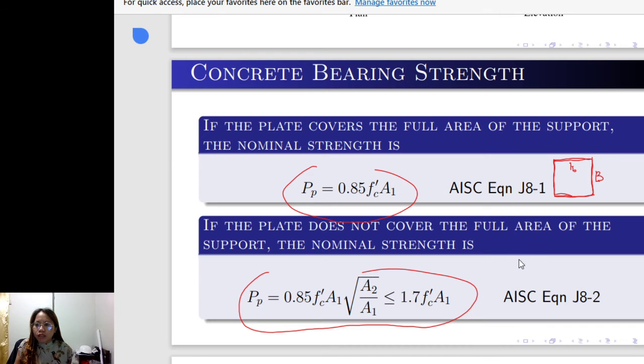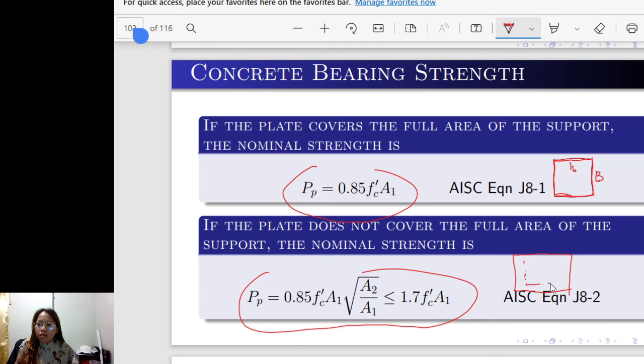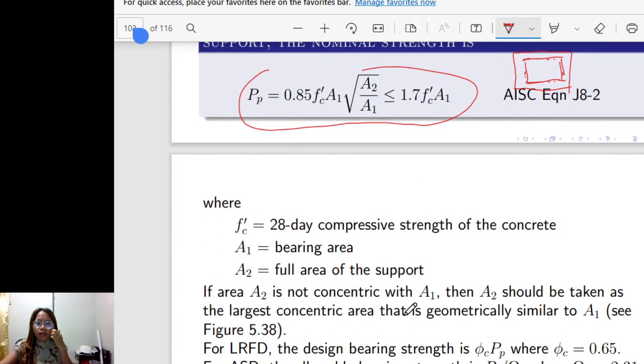Like for example, if this is the column, then you have a bearing plate here. It does not cover the full area of the support. So this is your nominal strength, where FC prime is the 28-day compressive strength of concrete.